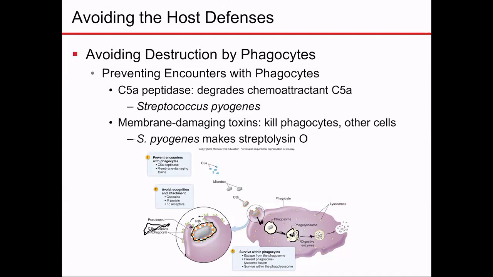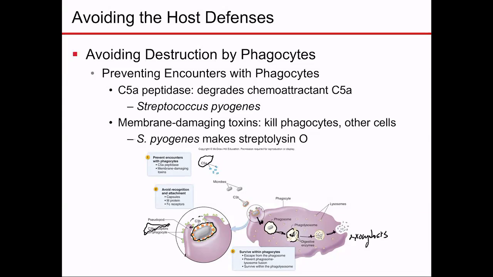And that debris can exit the cell through a process of exocytosis. Also remember that in the activation of the complement, C5a and C3a are produced, and these are chemoattractants. The role is to attract phagocytes to the site of infection in order to clear that infection.